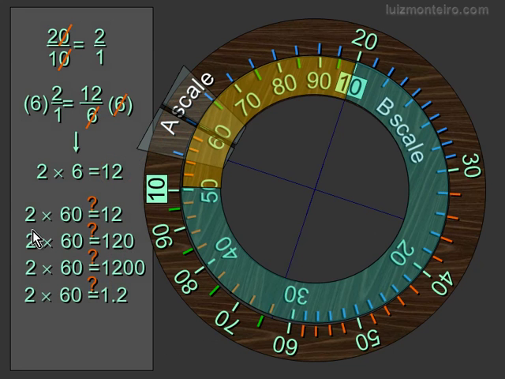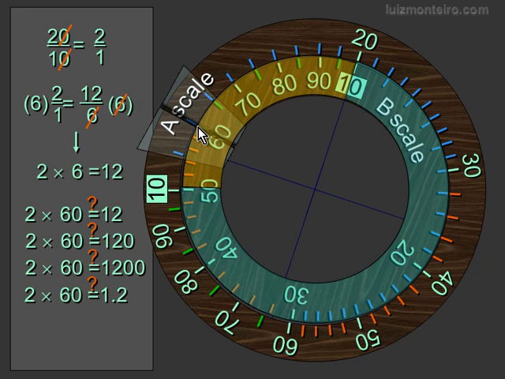If we were to do 2 times 60, we would do exactly the same thing. We would put 2 here above the 10. We would go to the 60, which is the number that we're being multiplied by, and then read the answer here, which is 12. Here's the 10, 11, 12.